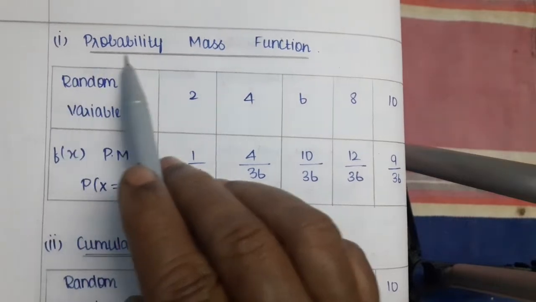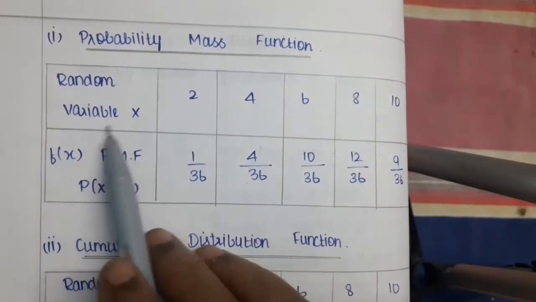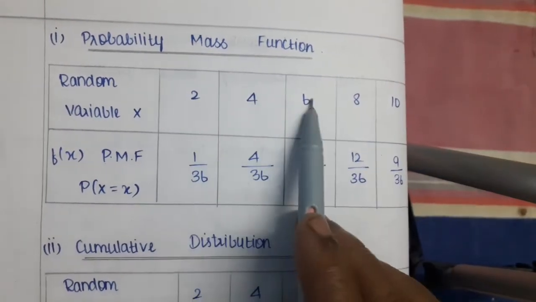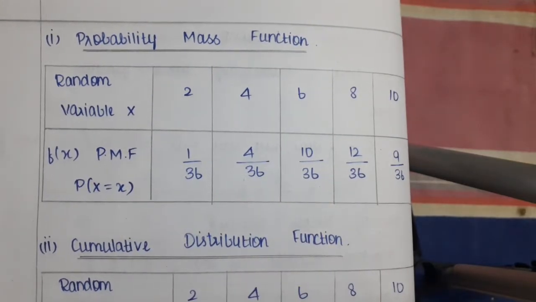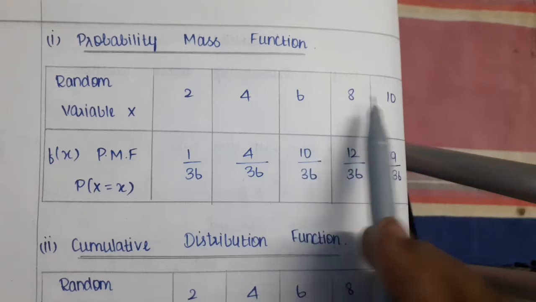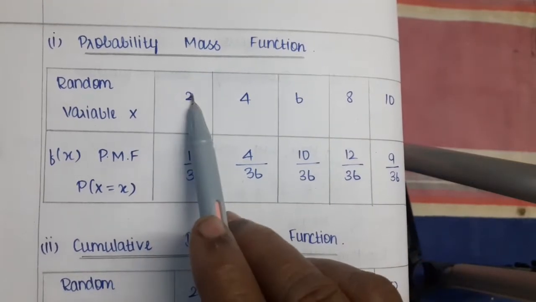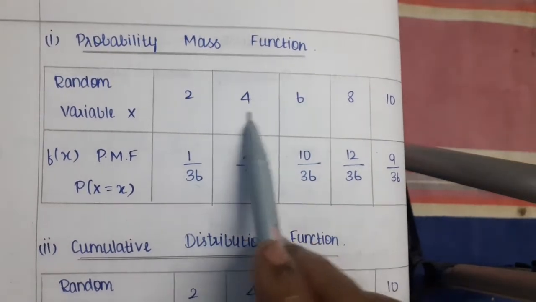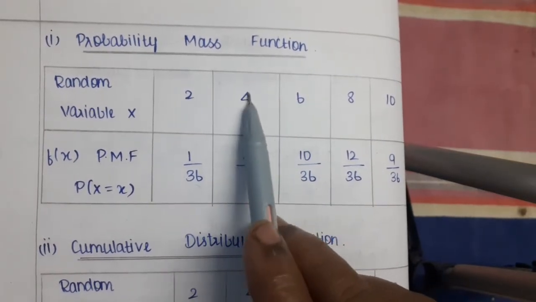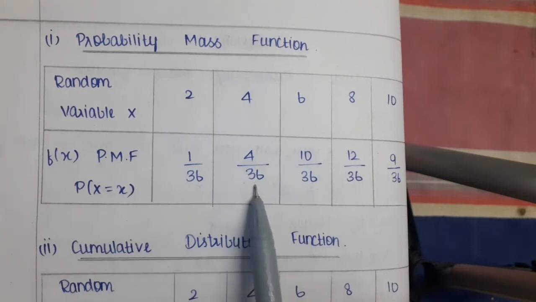See the first subdivision, probability mass function. What are the random variable values? 2, 4, 6, 8, 10, because I showed the tabular column. Using the tabular column, the additions are 2, 4, 6, 8, 10 only. For 2, how many chances? 1 chance. The total value is 36. Similarly, for random variable X equals 4, how many chances? 4 chances, that is 4 by 36.